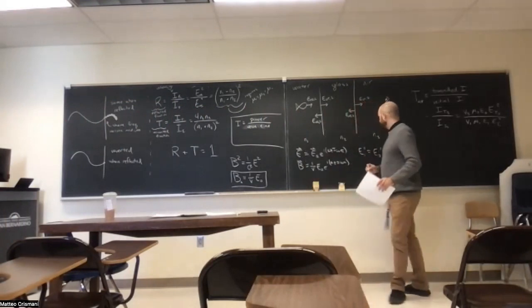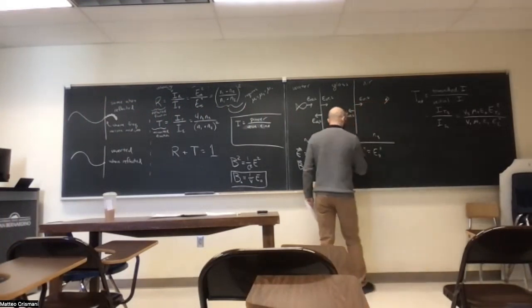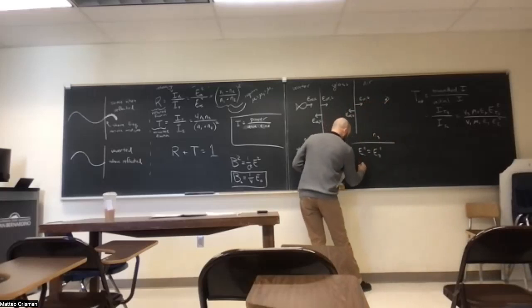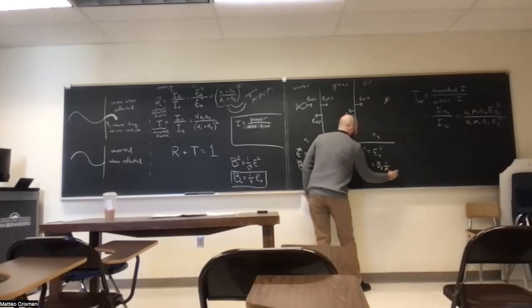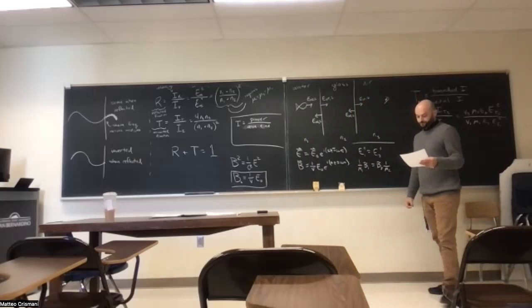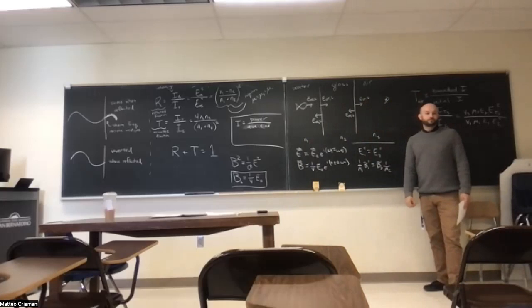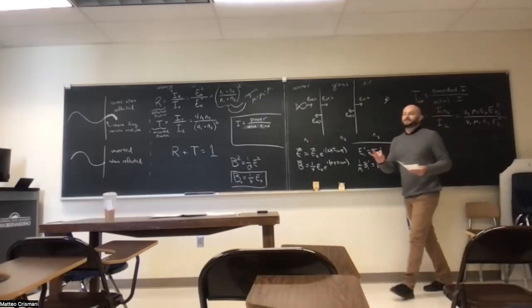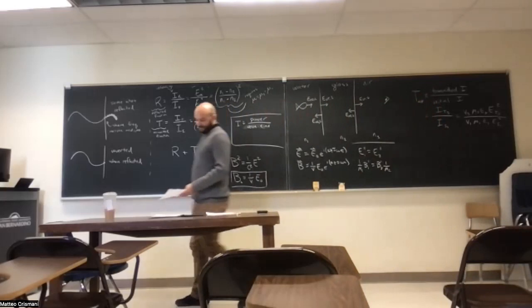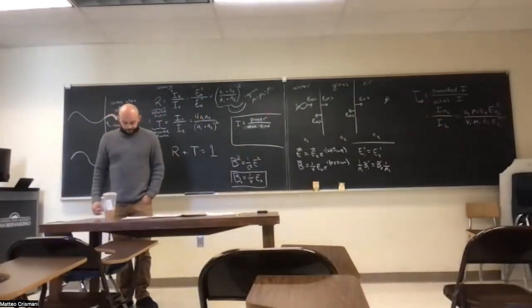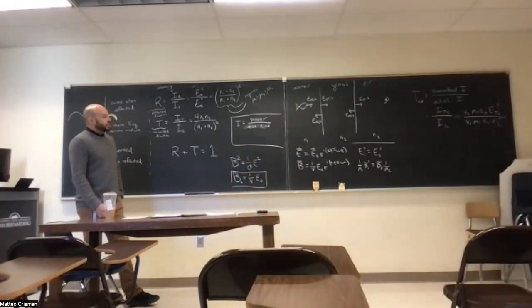And then for B, B1 over mu1 equals B2 over mu2. And then the perpendicular one, we'll get to that. Slow down. You can find the perpendicular ones probably in your notes.